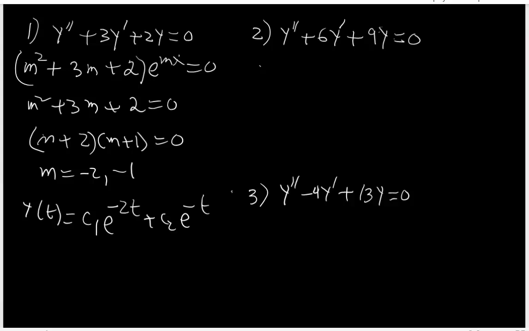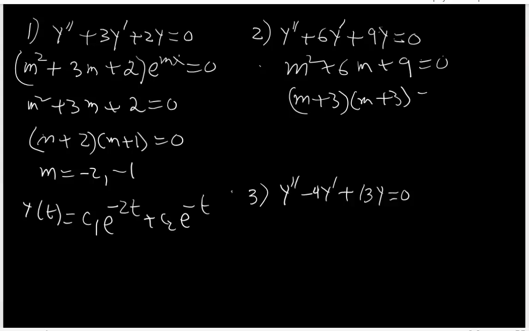The second one, if you go the same way, your characteristic equation will be m squared plus 6m plus 9 equals 0. When you factor this trinomial, it will be m plus 3 times m plus 3. So we see our roots are -3 and -3.